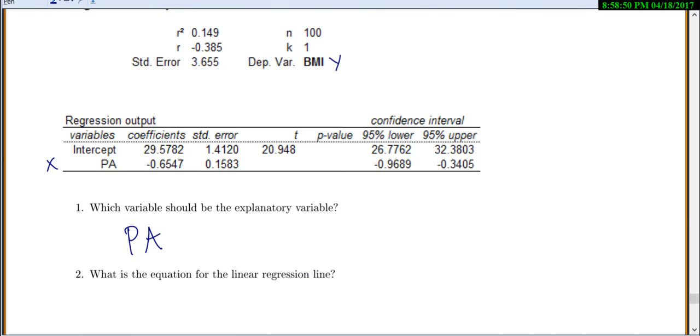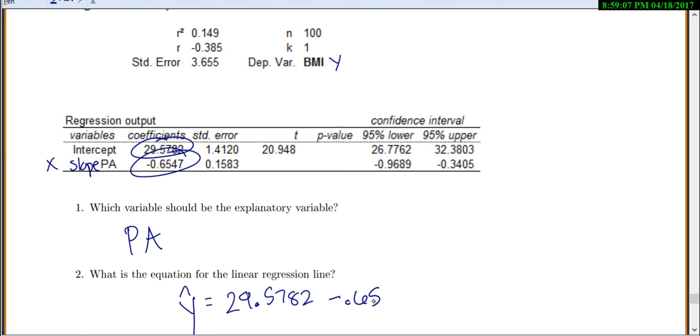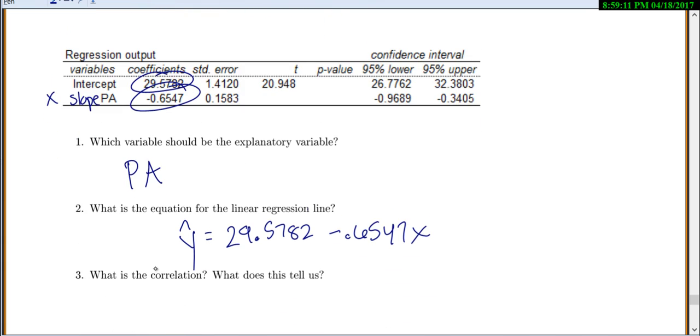What's the equation for the line? So y hat, do your intercept, 29.5782, plus your slope. Remember, they always put slope here on this bottom line. So minus 0.6547x. What's the correlation?